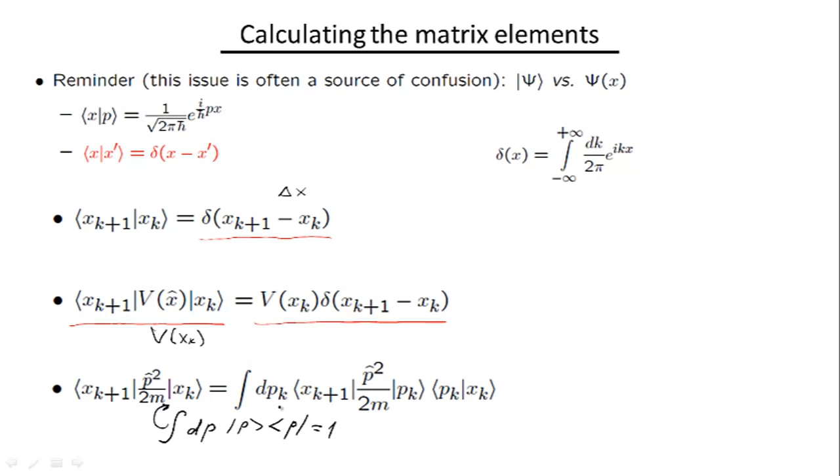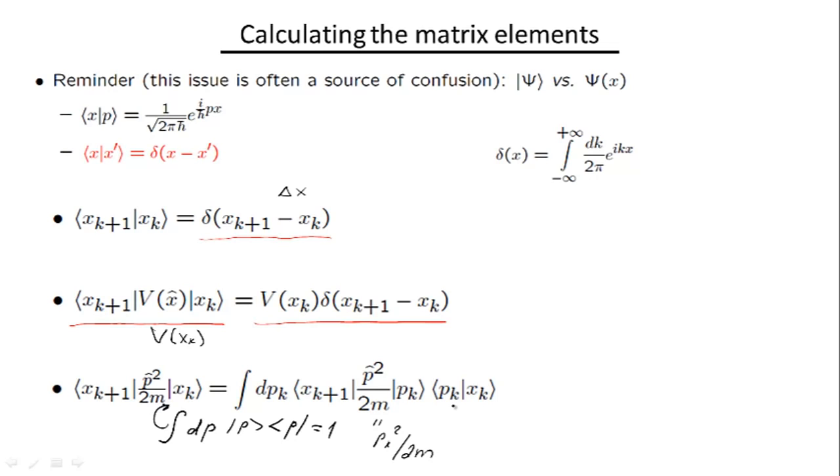Here I replaced the dummy variable of integration. Instead of writing it as p, I just write it as p sub k, but it's the same resolution of the identity. And now the kinetic energy operator does act on its eigenstate. So this becomes simply p sub k squared over 2m, which is a number that can be factored out.